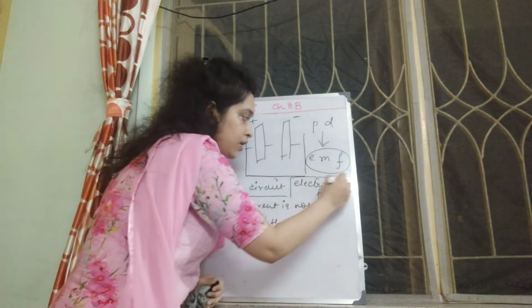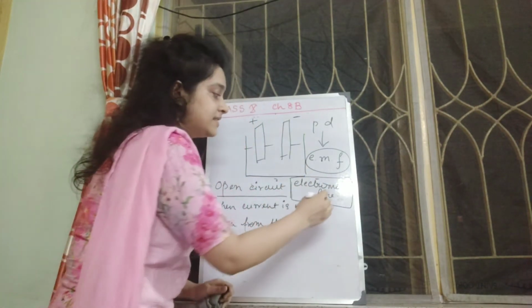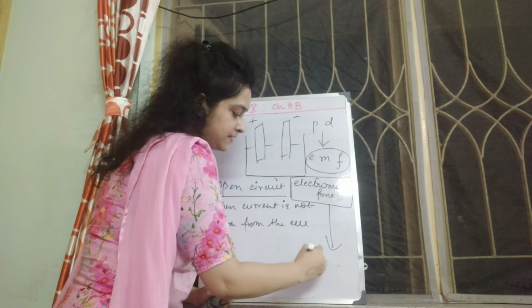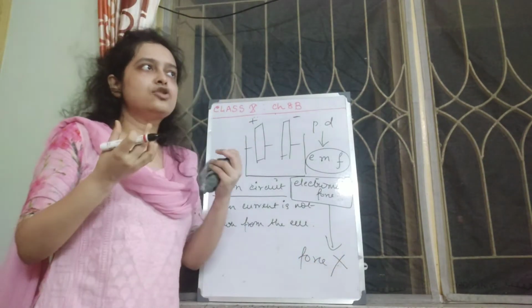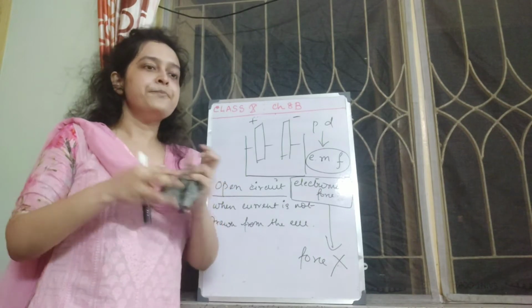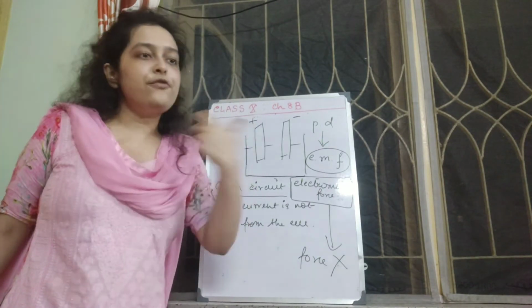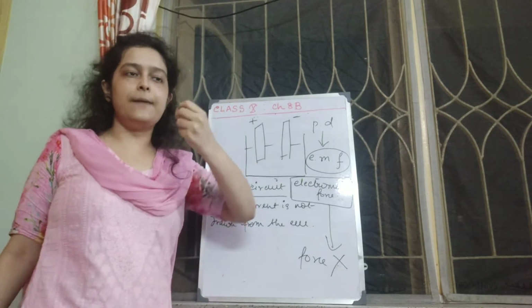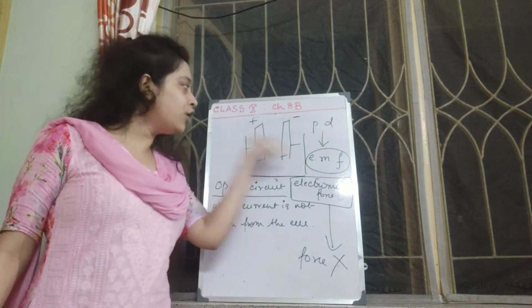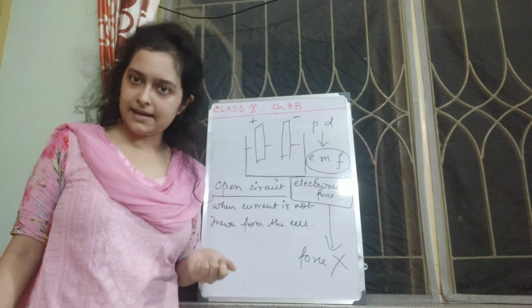Be careful, this electromotive force is not a force. We call it electromotive force because it's a driving force, the reason which compels the current to flow in the cell.